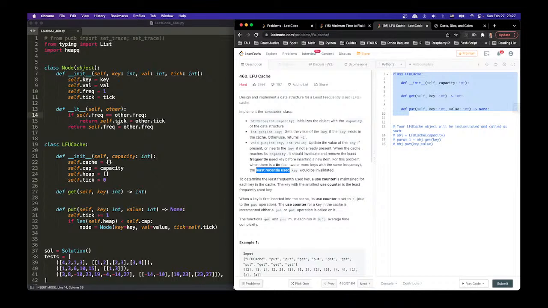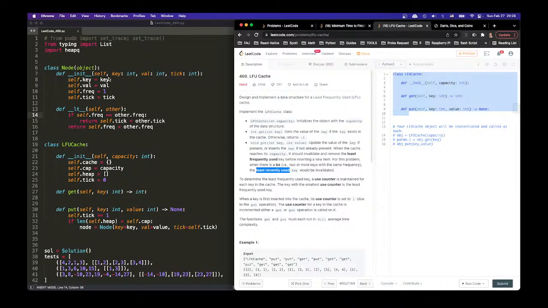And if the frequency is not the same, then of course we get the smaller frequency to the front. So this will guarantee the top of the queue always has the smallest frequency, or if there are multiple smallest frequencies, the earliest used, so the least recently used.